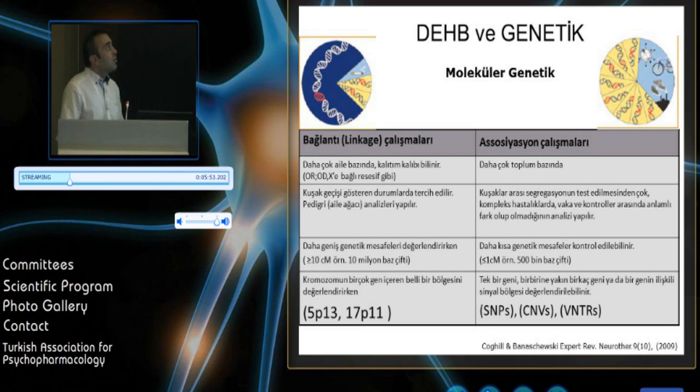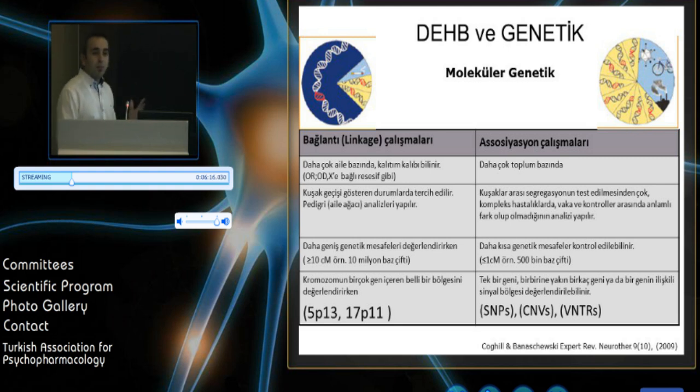When you look at the molecular genetic trials, you see that there are two different molecular studies. One of them is the linkage trial, the other one is the association trial. The linkage trials are usually trials where genes and chromosomes are evaluated.